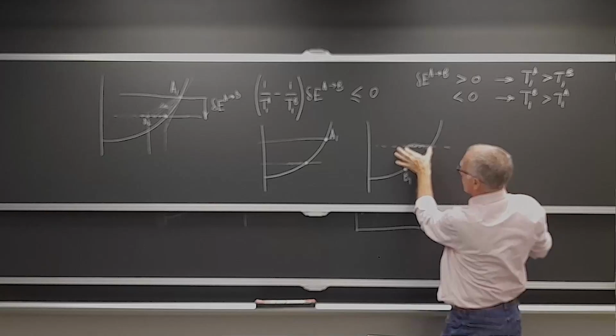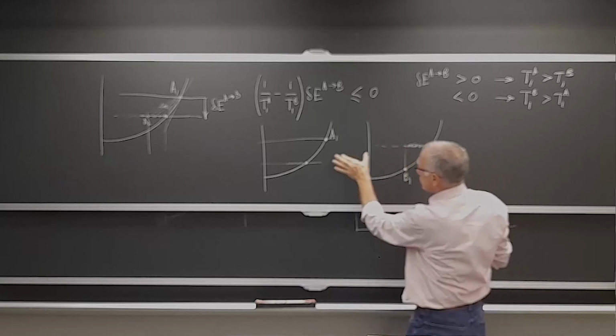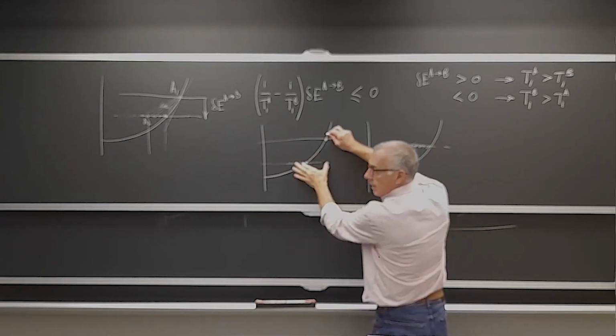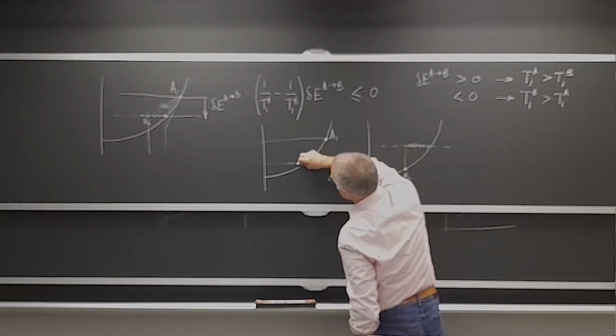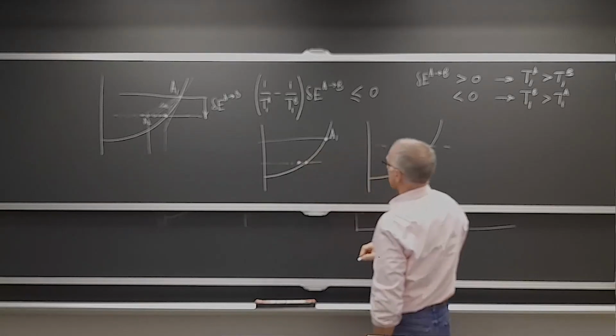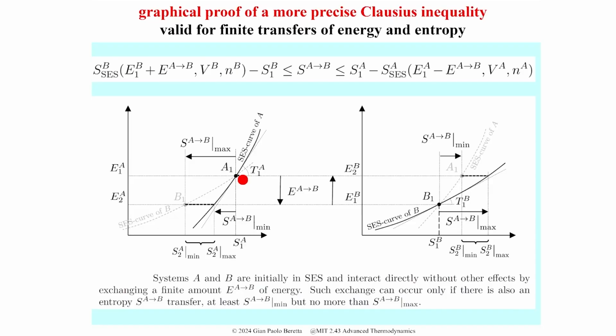So this is the maximum amount of entropy that B can accommodate. And therefore, that's the maximum amount of entropy that A can decrease. So that means that somehow A can only go down to here. And that is the meaning of this construction. So there is a limited range of possible values.